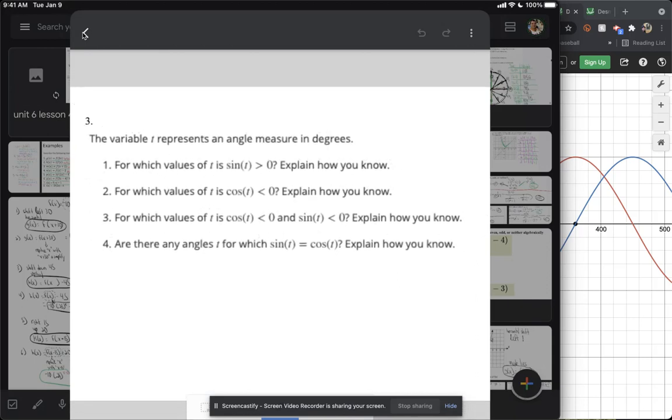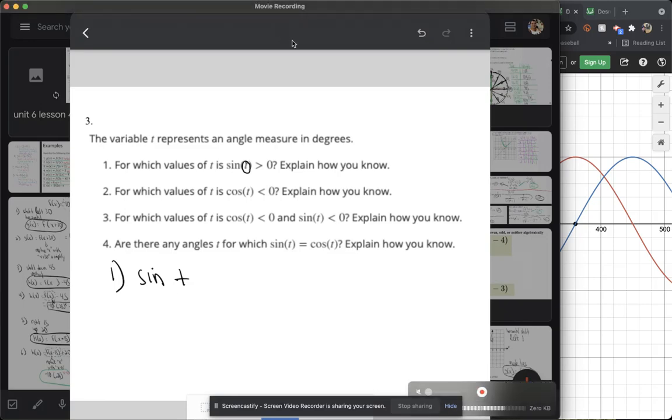For number 3, the variable t represents an angle measure in degrees. For which values of t is sine of t greater than 0? In other words, for which values of t is sine of t positive? So we're looking for sine to be positive.